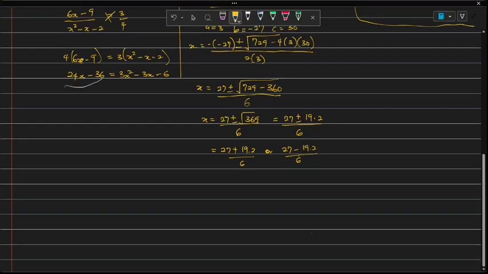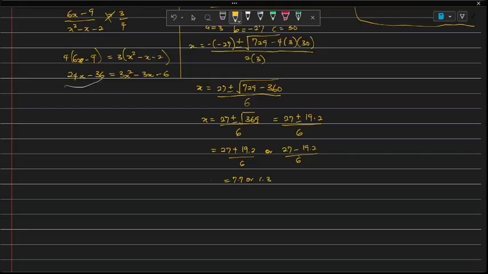So press your calculator. 27 plus 19.2 is 46.2. Divide by 6 is 7.7. So our x is 7.7, or so we'll do 27 minus 19.2, that's 7.8 divided by 6, 1.3.